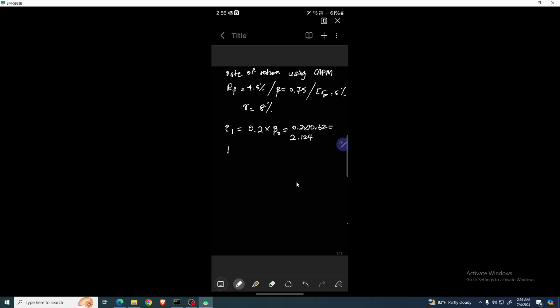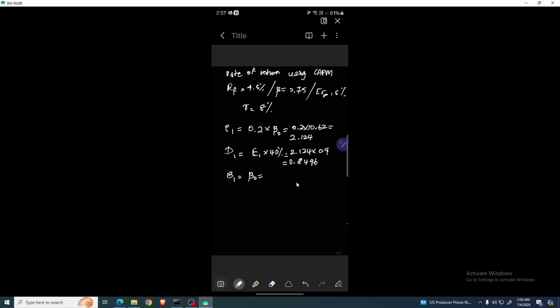And then dividends, D1, that's going to be 40% of the earnings per share. So you have 2.124 into 0.4. This equals what? 0.8496.